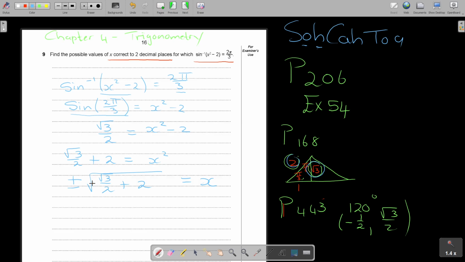At the end, I'm getting that x is, and don't forget your plus minus, because the plus minus is in front, 1.692933963, and remember your 2 decimal places, 1.69. So it's positive 1.69 and it's negative 1.69.